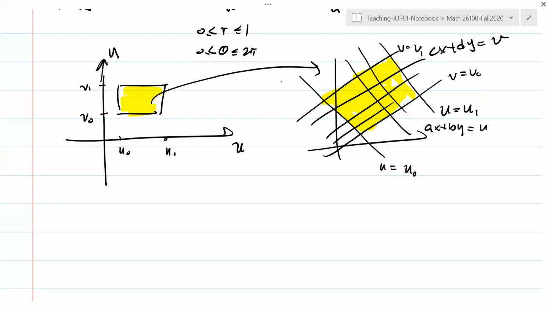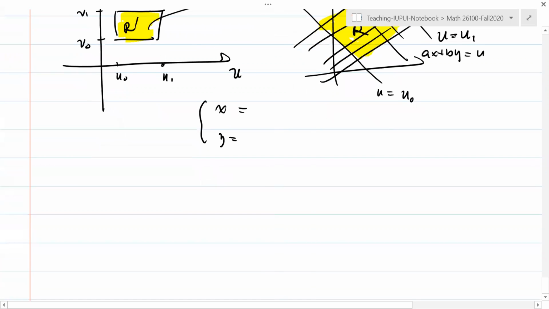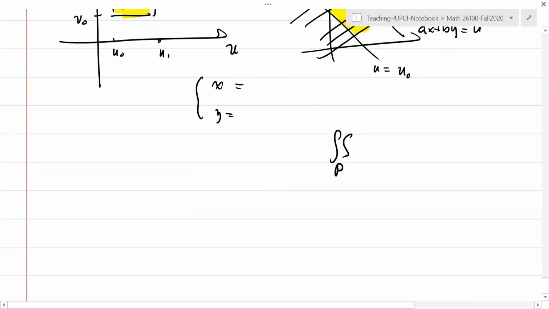Then you can solve for x and y in terms of u and v, and translate the double integral over R to a double integral over R prime.